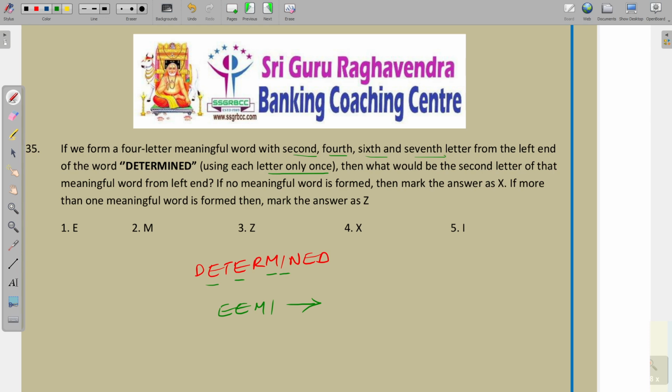Okay, so by using these letters we can't make any meaningful word. So no meaningful word. Okay, what is the answer? That is X is the answer.